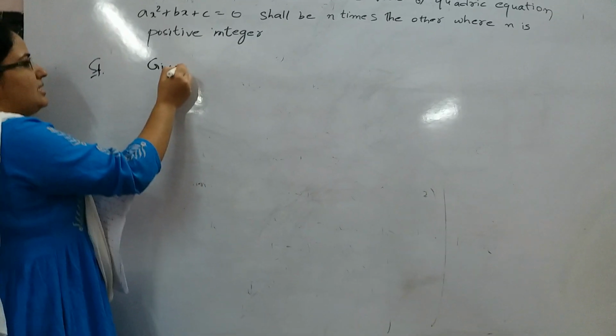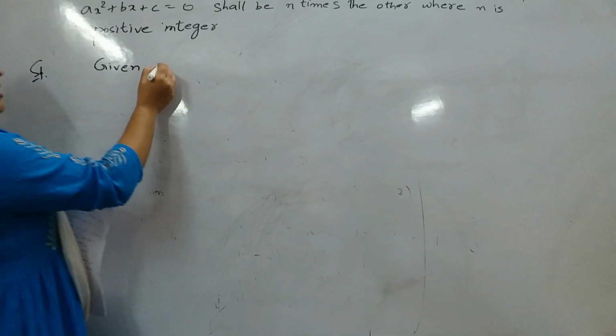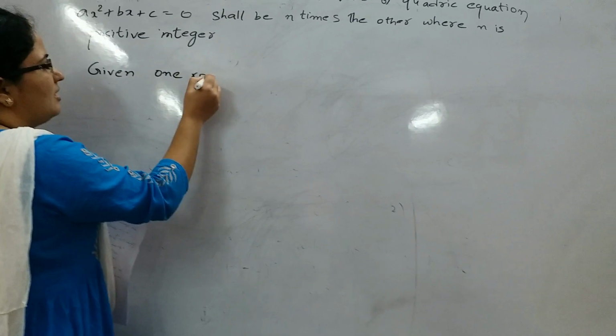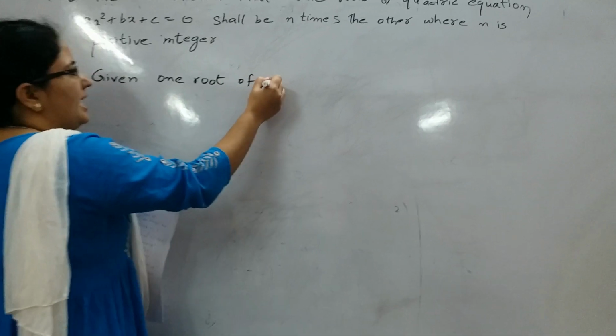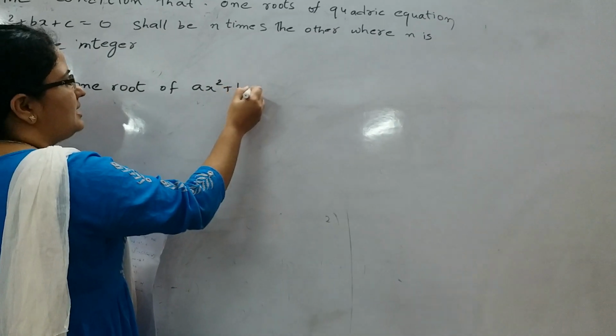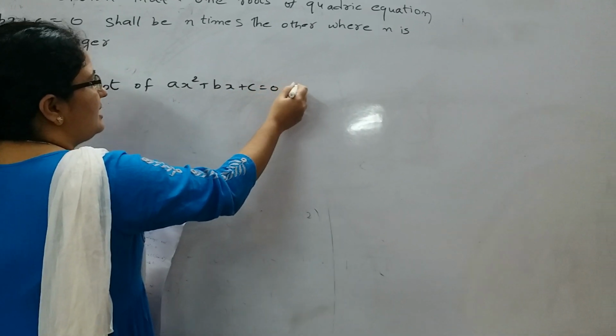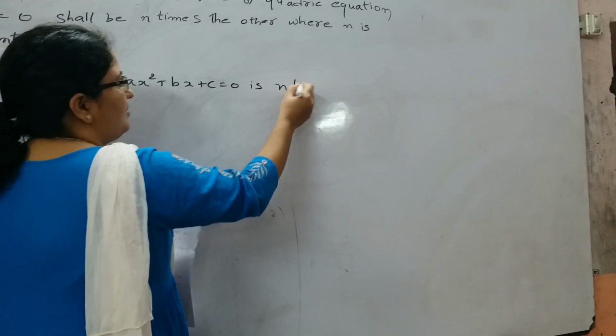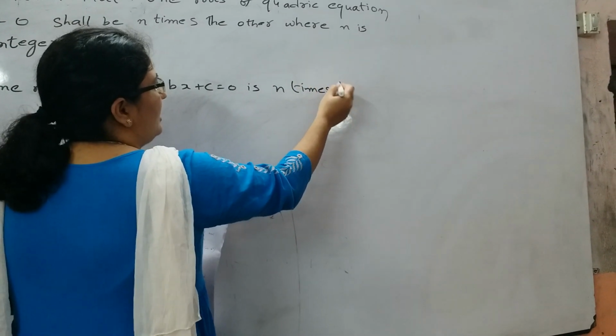Solution. Given, first we will write what is given. Given one root of ax square plus bx plus c is equal to 0 is n times the other.